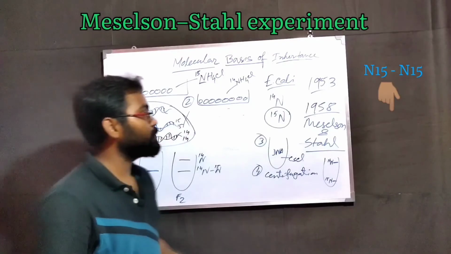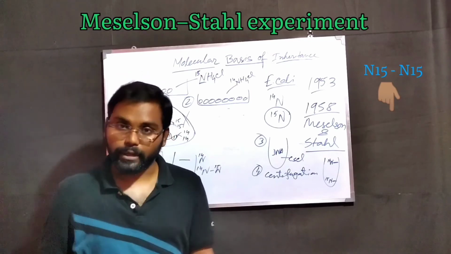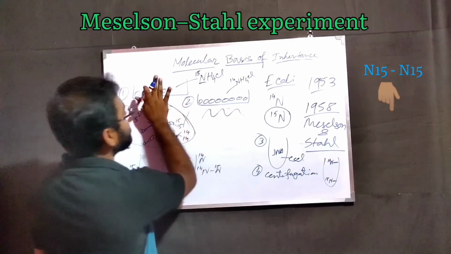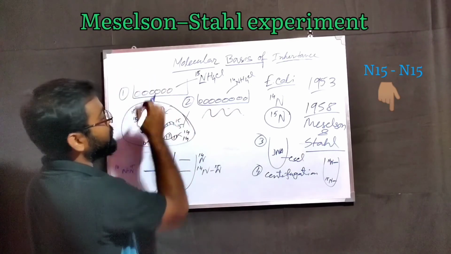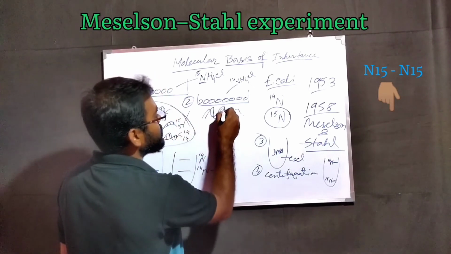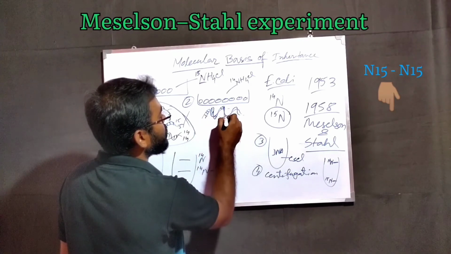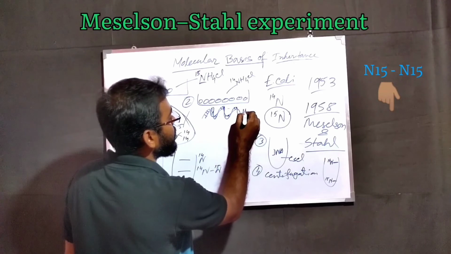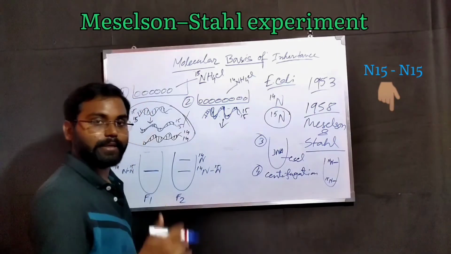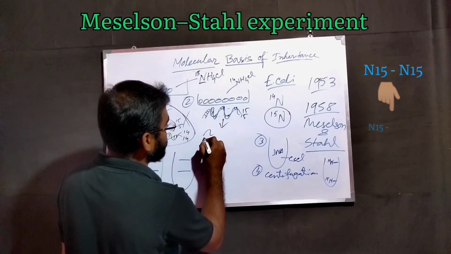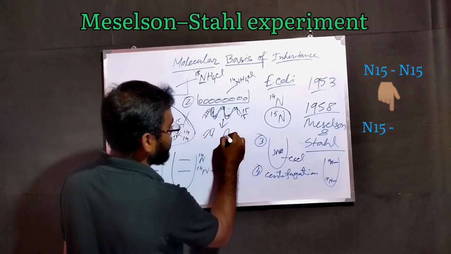Now it is the time to check the dispersive model. Just like the previous one, as it is grown in 15 solution, both the strands of this DNA will be N15 and 15, and as we discussed earlier, they would get cut just like that.